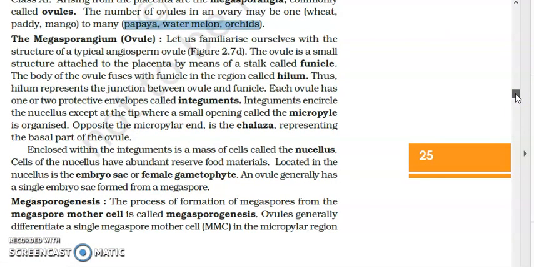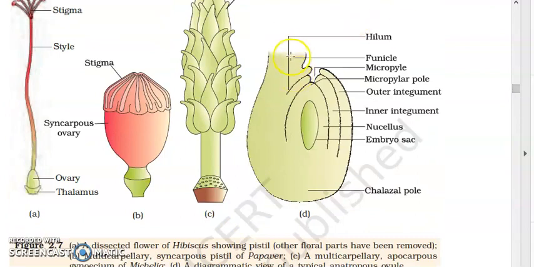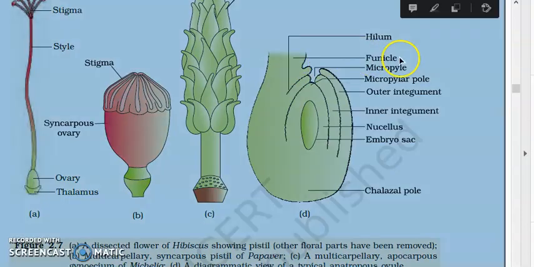So the ovule is attached to the placenta or the ovary supportive tissue by means of a stalk, right? This stalk, which attaches the ovule to the placenta and the ovary, is called the funicle, right?